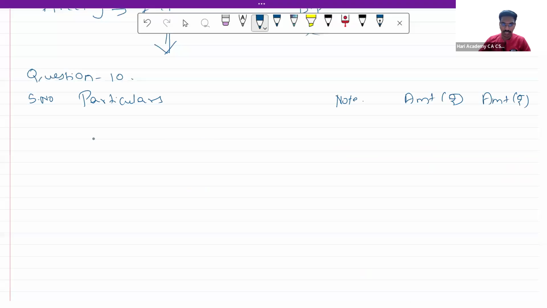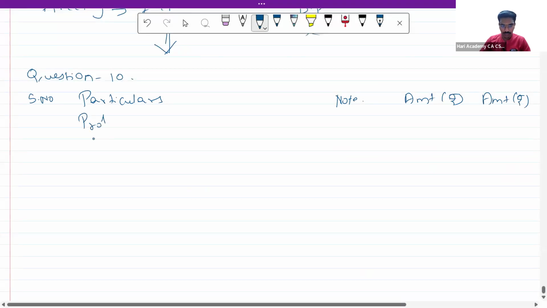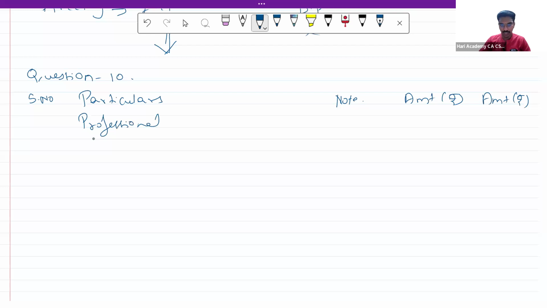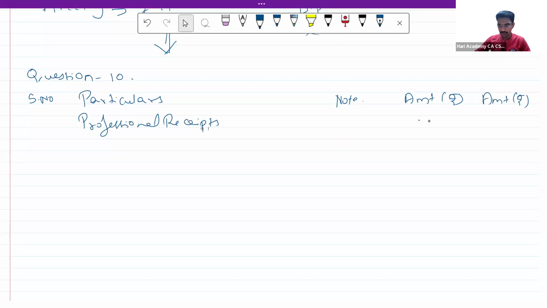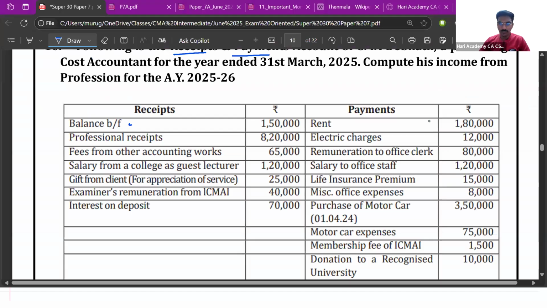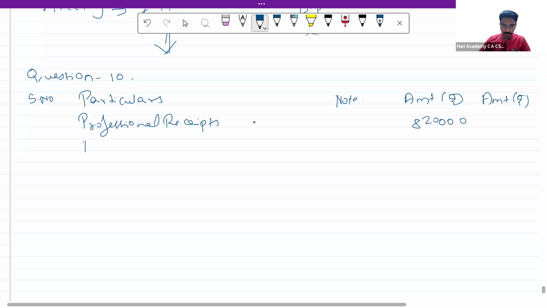First, professional receipts is taxable, and the amount is 8,20,000. Next, fees from accounting works. This is again taxable under the head PGBP. This is 65,000.